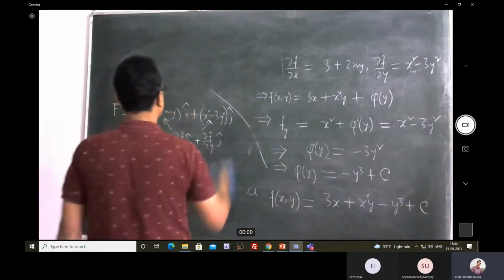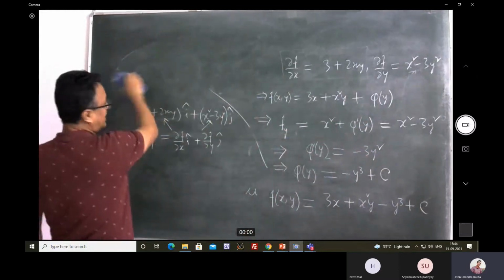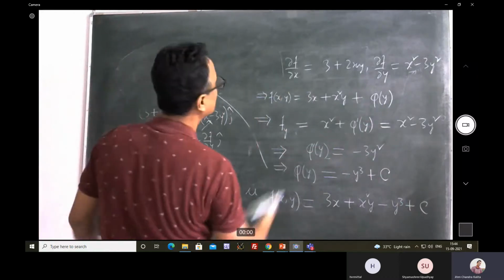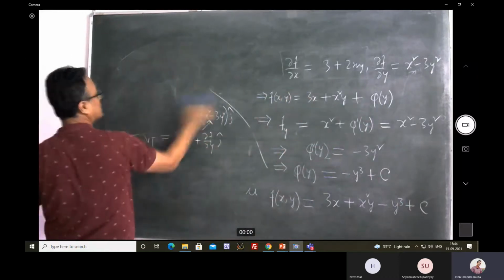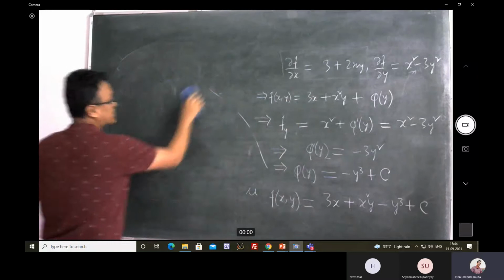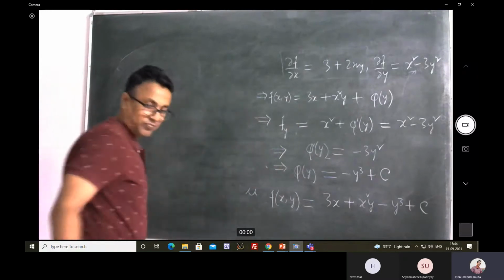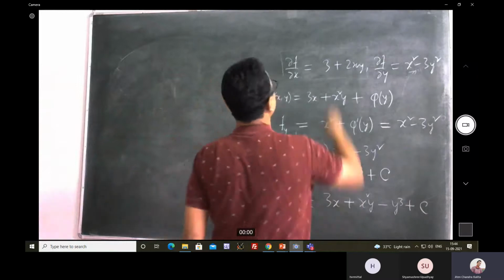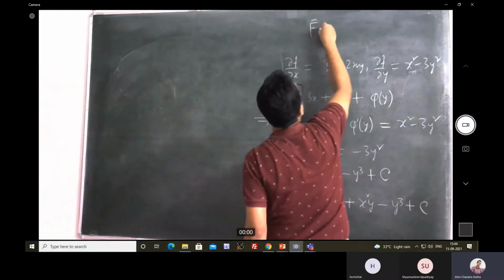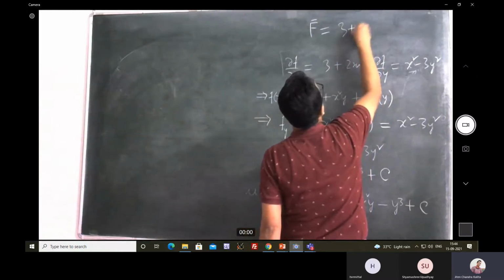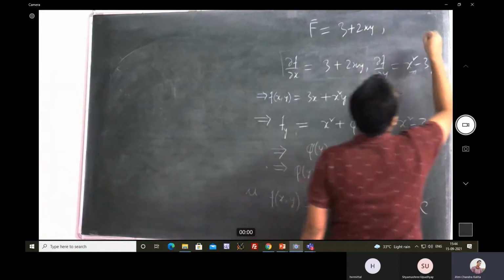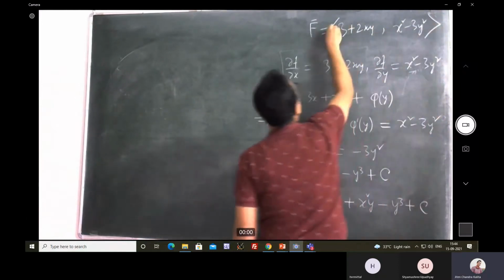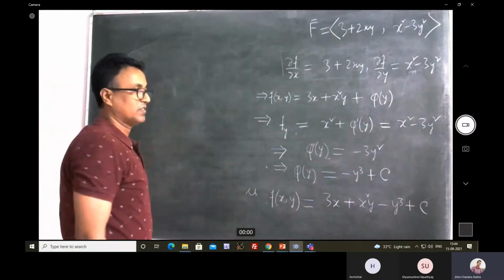Okay. Now let us come to one interesting example. Okay, I already have that, so I can erase this. Now, suppose you have already been given F equal to (3 plus 2xy) i plus (x squared minus 3y squared) j, right? F is giving us this.